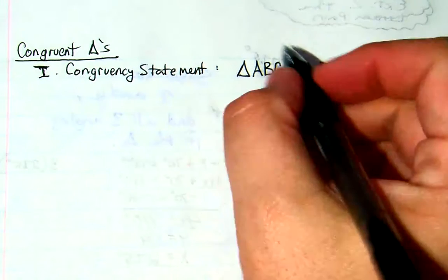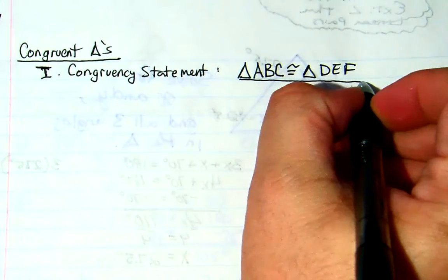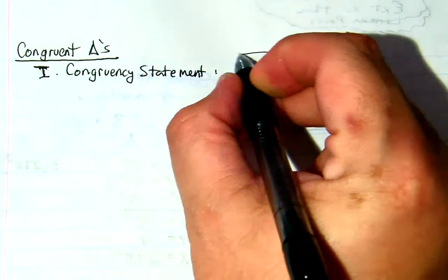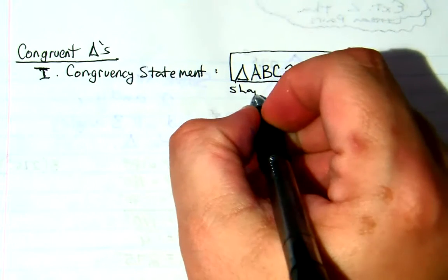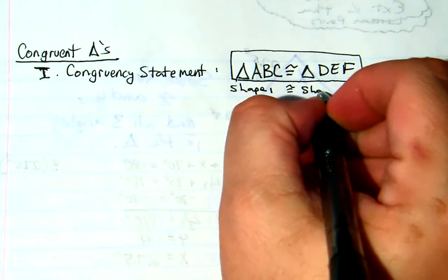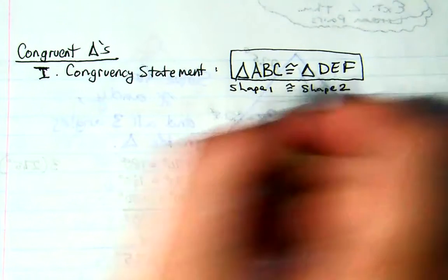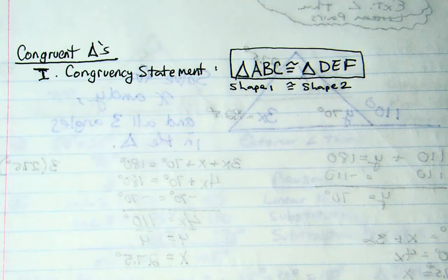So this is the congruency statement. When you say shape 1 is congruent to shape 2, whenever someone asks you for that congruency statement, that is what they're asking for.